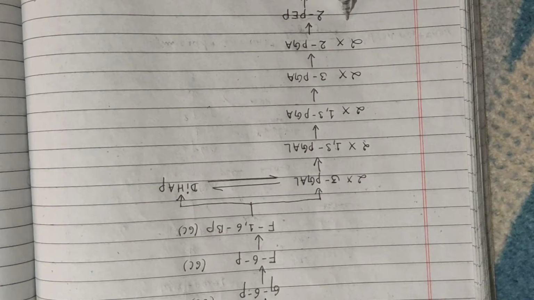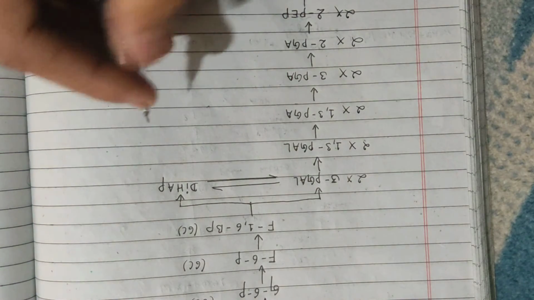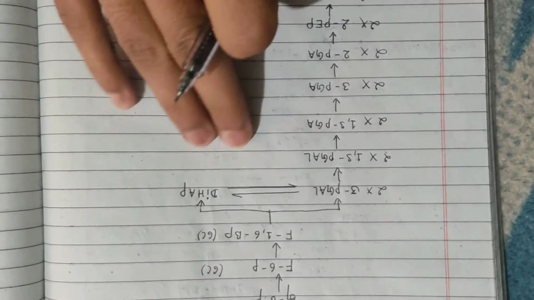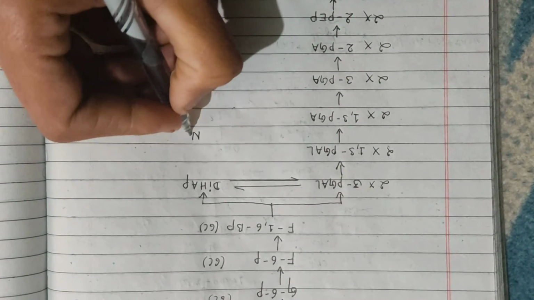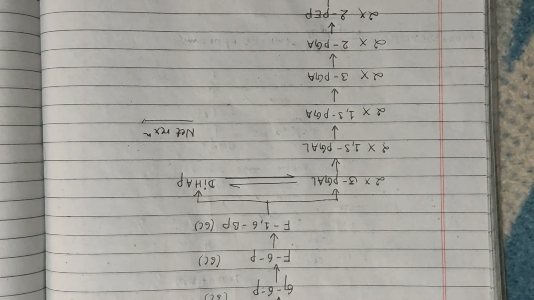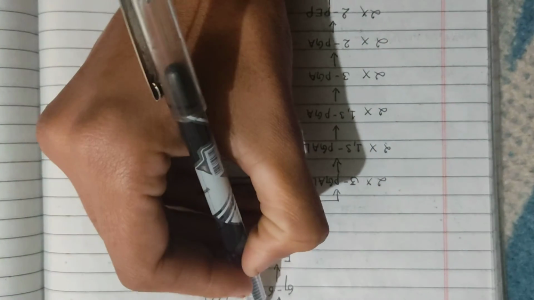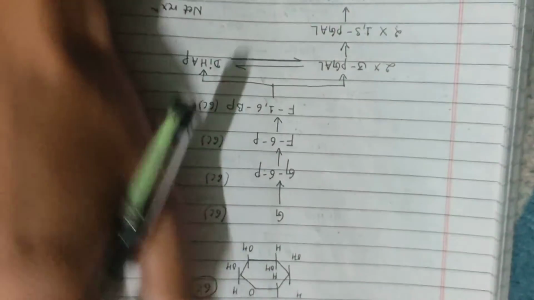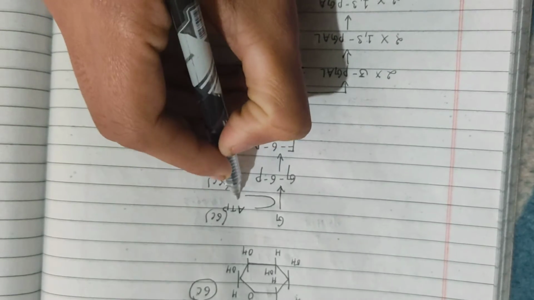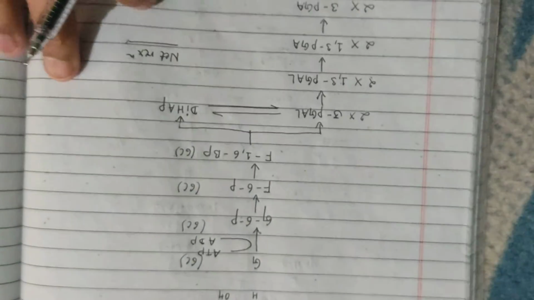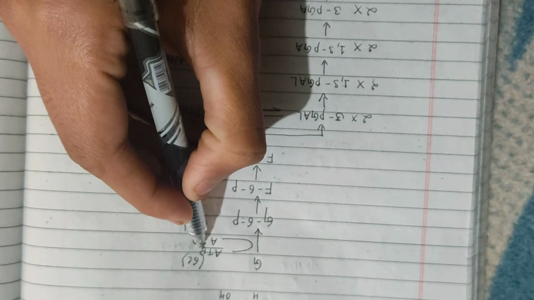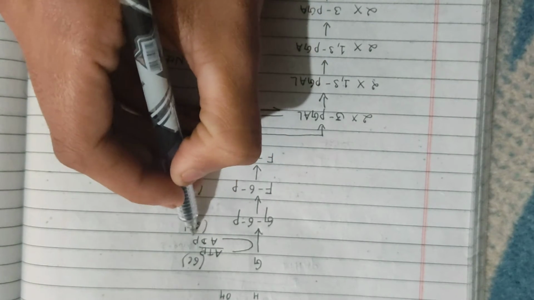So we will get 2 moles of pyruvic acid at the end of glycolysis. Generally in the net reaction, in the first step we input 1 ATP and we get 1 ADP.